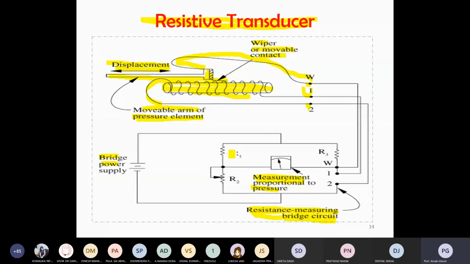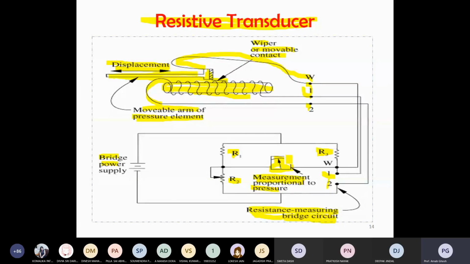You can see that the balance is there, R1, R2, R3, and that variable, 1 and 2, is a variable: 1 is connected to the wiper, 2 is connected to the fixed point. If you change that value, you can see the bridge circuit, and the movement of this meter you can observe. When it is at 0, you can say it is the balanced condition.